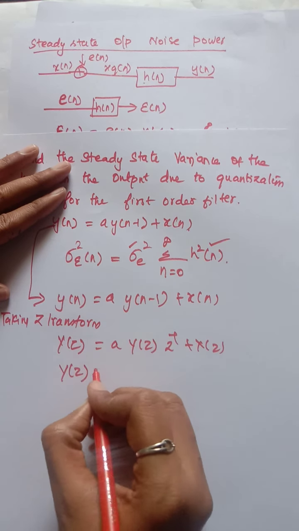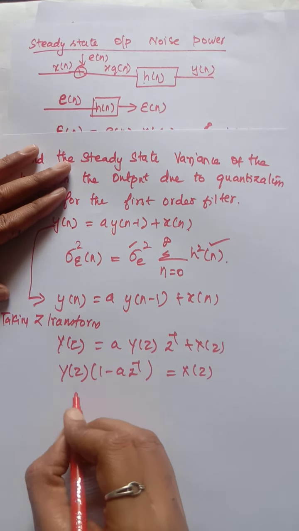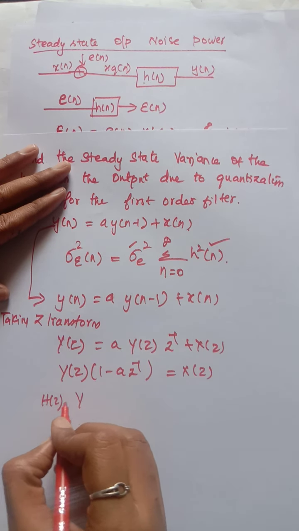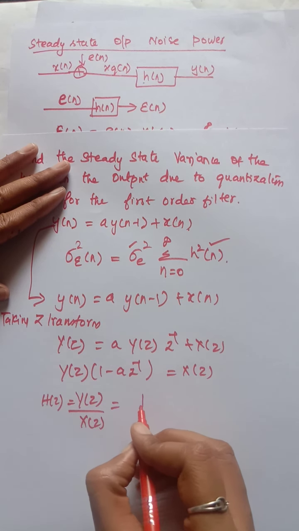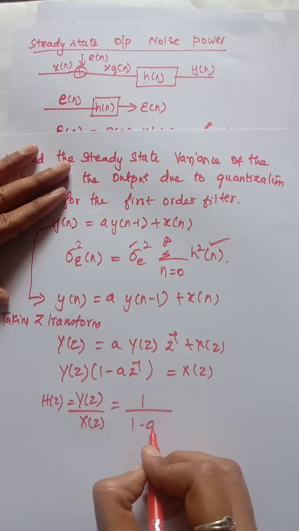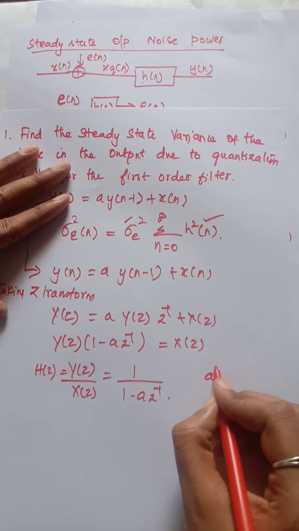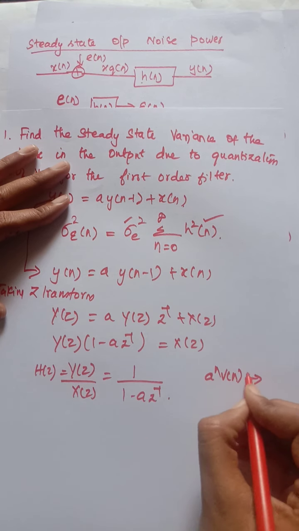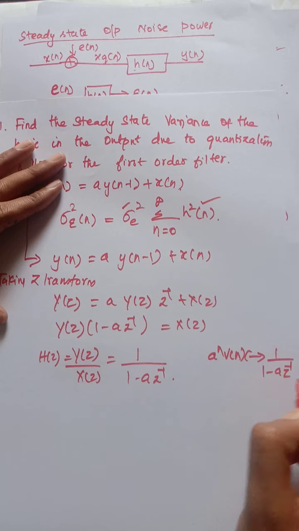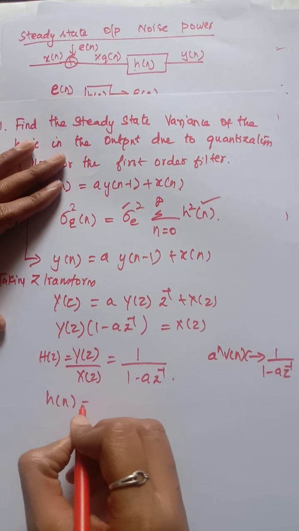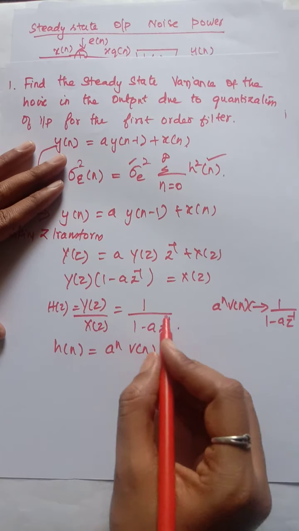So Y of z into 1 minus a z inverse equals X of z. So H of z is equal to Y of z by X of z, which is equal to 1 by 1 minus a z inverse. Since the z transform of a to the n u of n is 1 by 1 minus a z inverse, h of n is equal to a to the n into u of n. So this is the result.